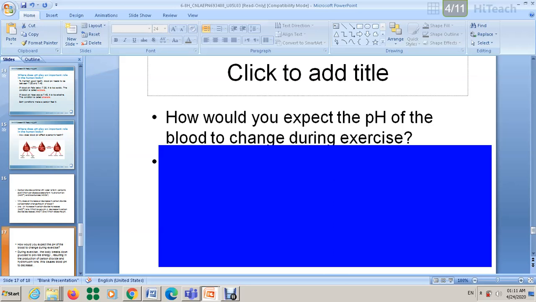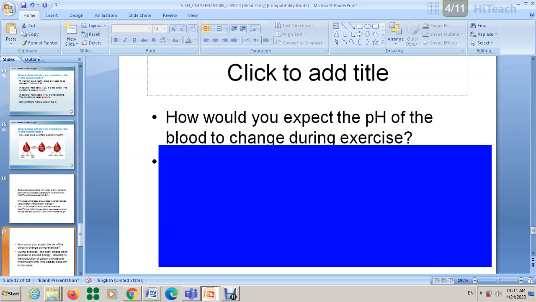The reactants are glucose and what? And oxygen. So you break the bonds of glucose by using oxygen. Okay, what are the products? The products are carbon dioxide and water. So carbon dioxide is one of the products, which is a non-metal oxide.